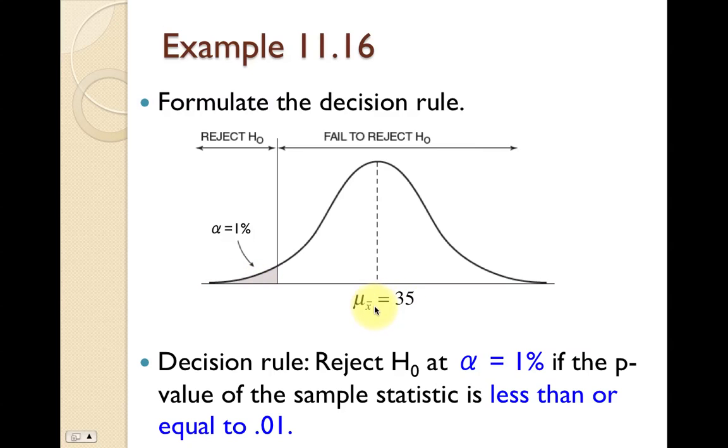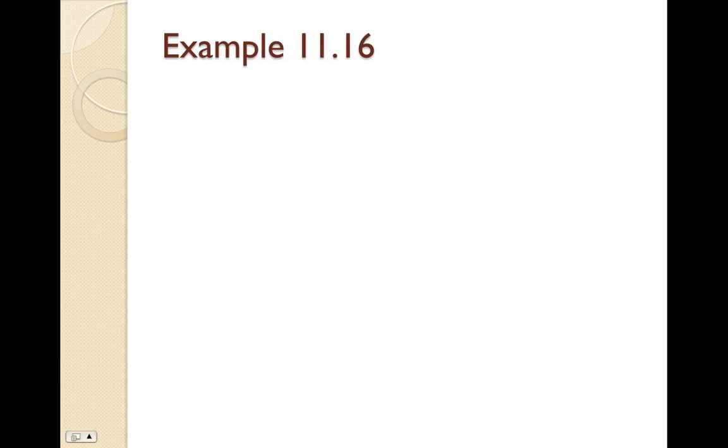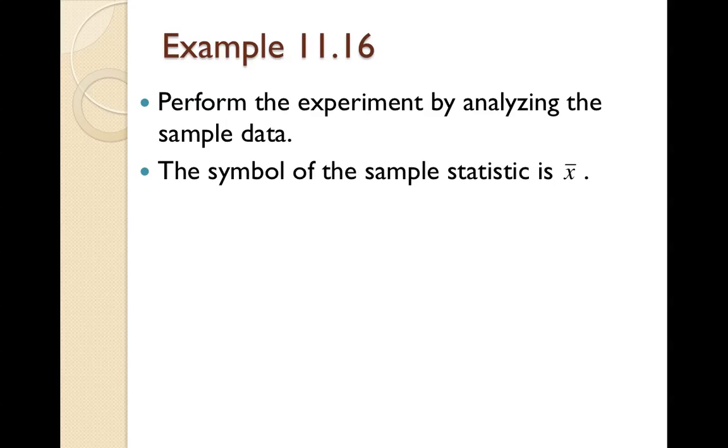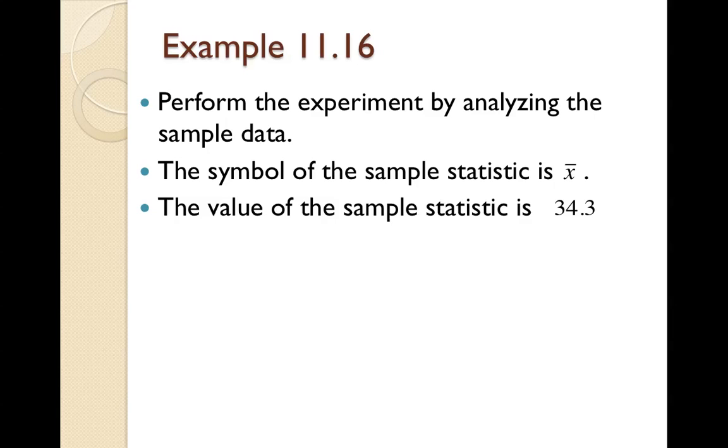That's what we want, as far away from this center as we can get. So we're going to compare the p-value with 0.01. The sample statistic has the symbol x-bar and its value from the problem is 34.3.